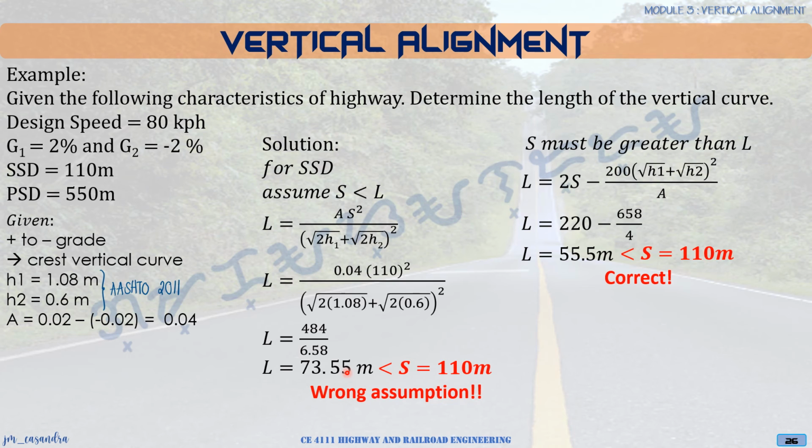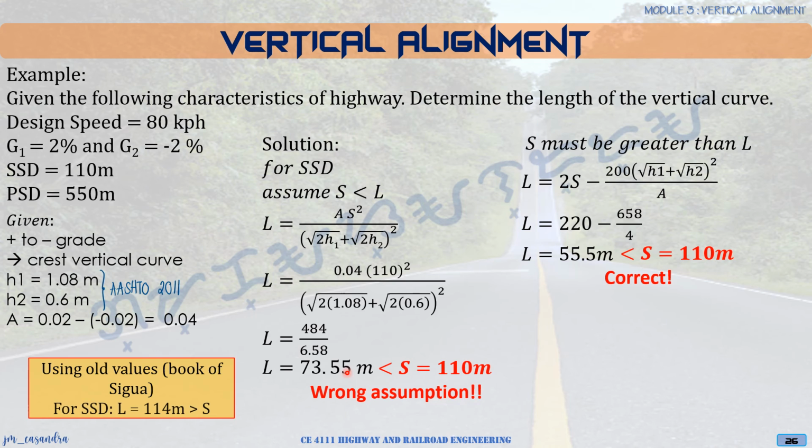If you are going to use the values of H1, H2 from AASHTO 2011. So from the book of Sigua, if you have a copy, using the old values during the 1980s, the value of SSD computed will be 114 meters, which is greater than your S. So this means the older values, using a smaller value of H2, as we have said, would be expensive.